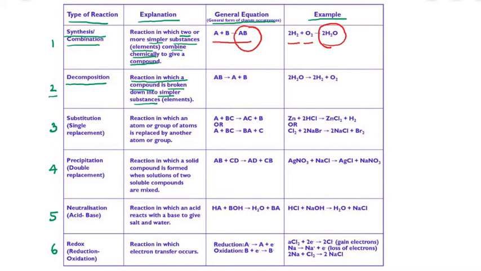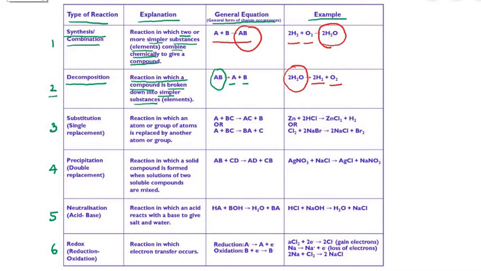In the generalized equation, AB is a compound which on decomposition gives the individual components of the compound, A and B, right? And in the example here, the water molecule is already present. It undergoes decomposition to produce hydrogen and oxygen.